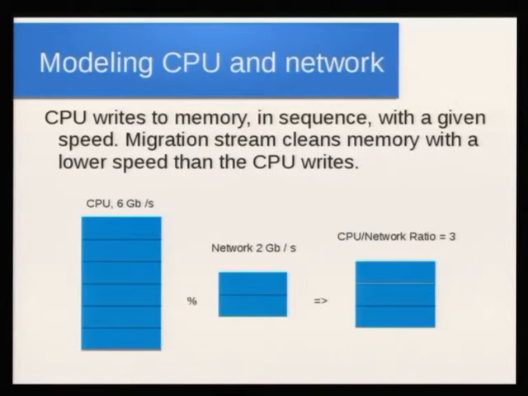So, about modeling, how do we model CPU and network? The CPU writes to memory in sequence with a given speed, and the migration stream cleans memory at a lower speed than the CPU writes. So there's a ratio between the CPU and network.